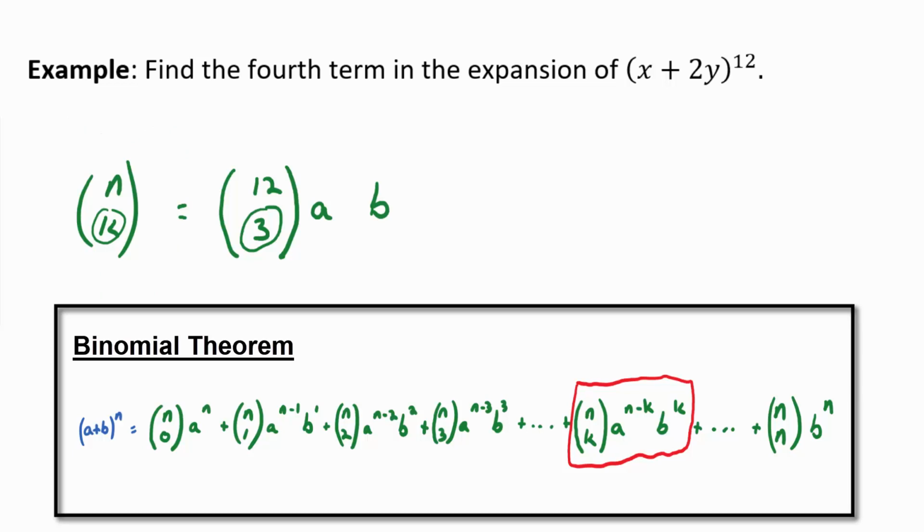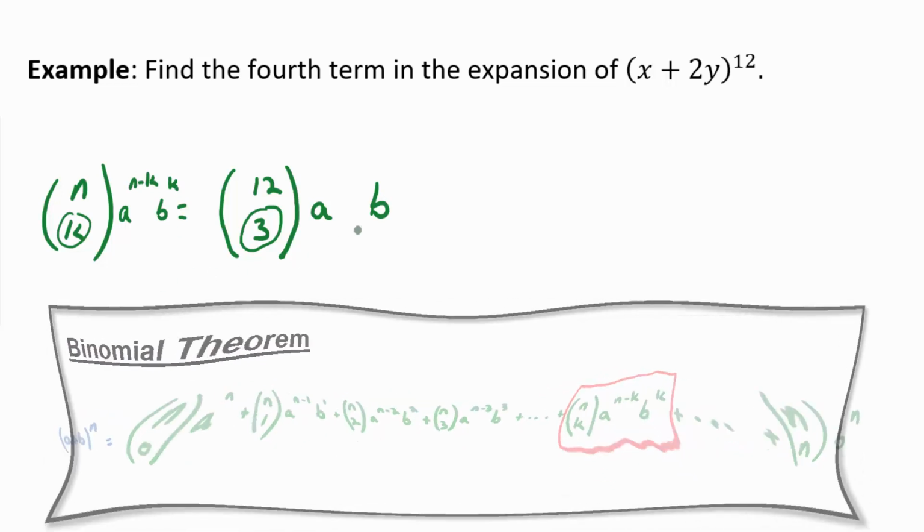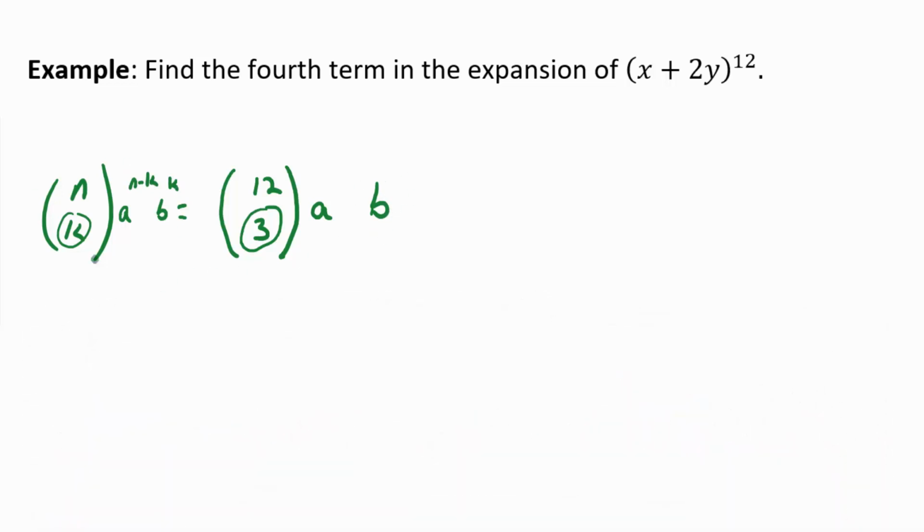My notation kind of stinks a little here because I'm putting in more than I was originally going to. Putting in the full formula would be a to the n minus k, b to the k, right? So the exponent is generic. And then for this particular expansion, the exponent on the b would be 3, like you said.